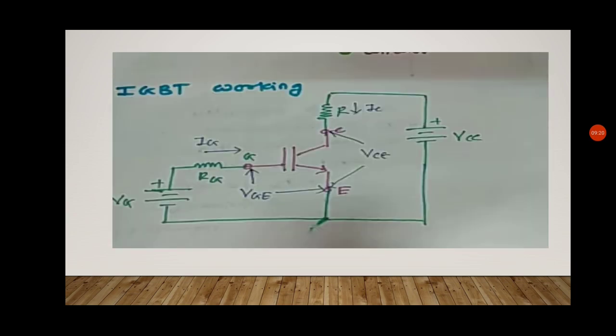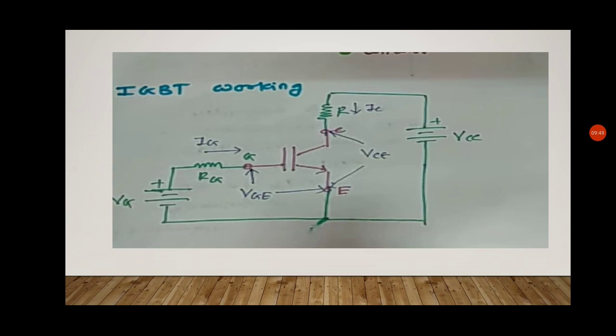Now we can also see the working principle of IGBT as a circuit. Herein we see the symbol of IGBT, biased with the VG voltage at the gate, which will provide the current IG, and the input voltage VGE, and the output current flows across the resistance R, which is the IC, and the output voltage is VCE.